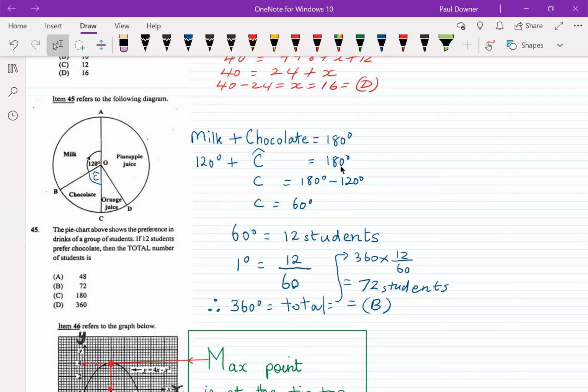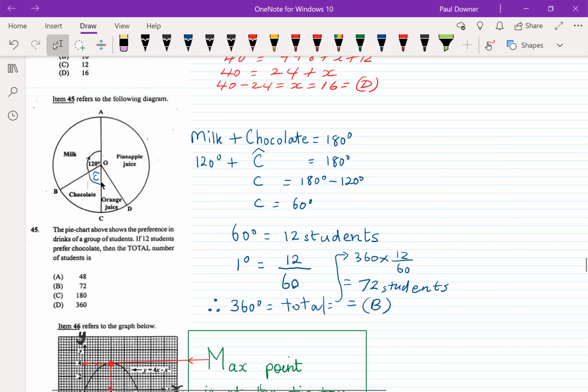Okay, so if that's the case and they want us to find C, because they're saying here, the pie chart shows the preference in drinks of a group of students. If 12 students prefer chocolate, then the total number of students, right? So we need to know what's the total number of students. So I'm first going to, because they told us 12 students prefer chocolate, I want to see what angle here is referring to those 12 people.